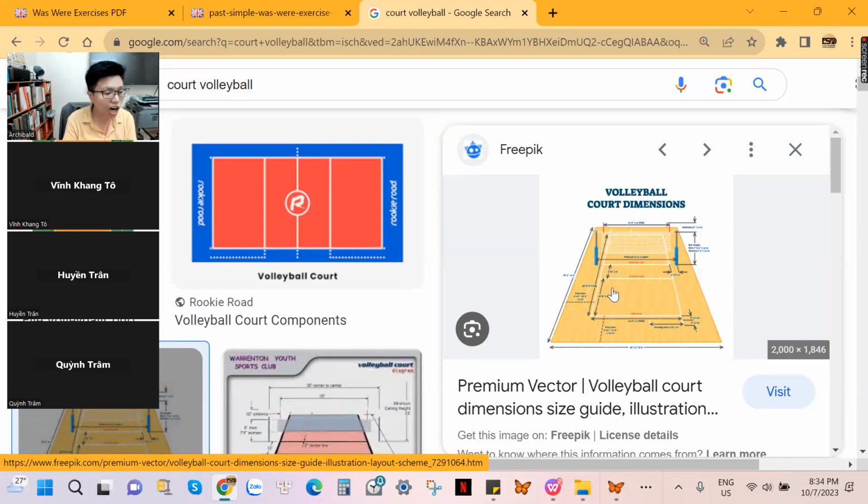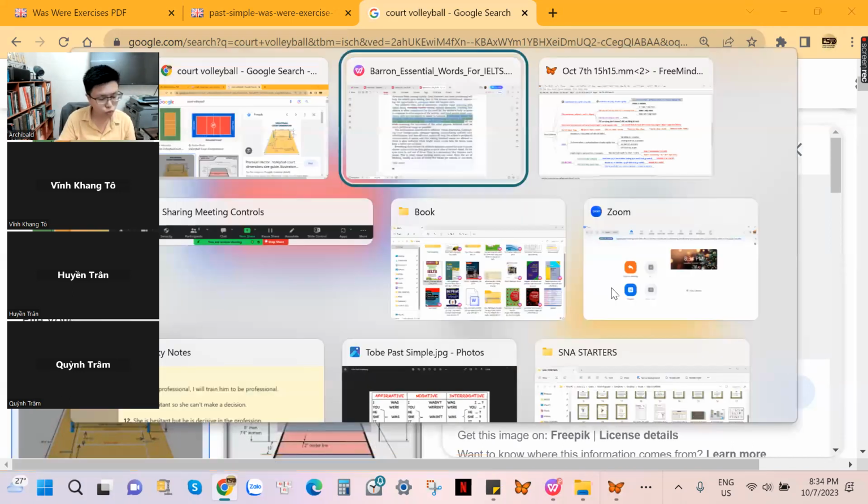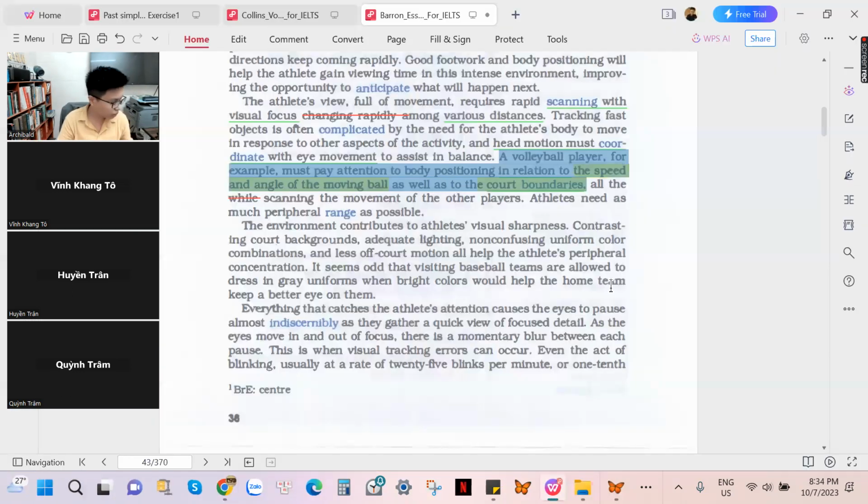He's going to get a red card from the referee. So that is why they say the volleyball player needs to pay attention to the speed and the angle of the moving ball, and also the court boundaries. If we only look at the ball and don't pay attention to the rectangular shape of the court, we will run out of it and lose the game. That is the meaning of it.